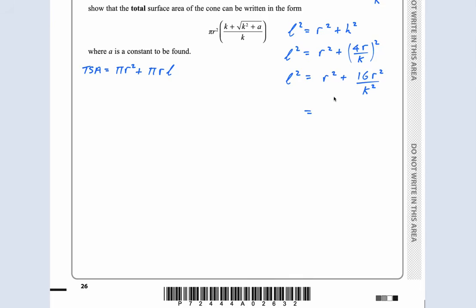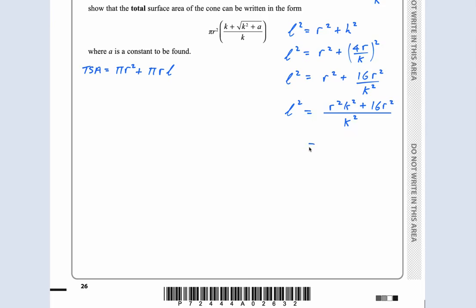I can then get a common denominator of k squared. This is r squared k squared plus 16 r squared. And so this is my L squared.